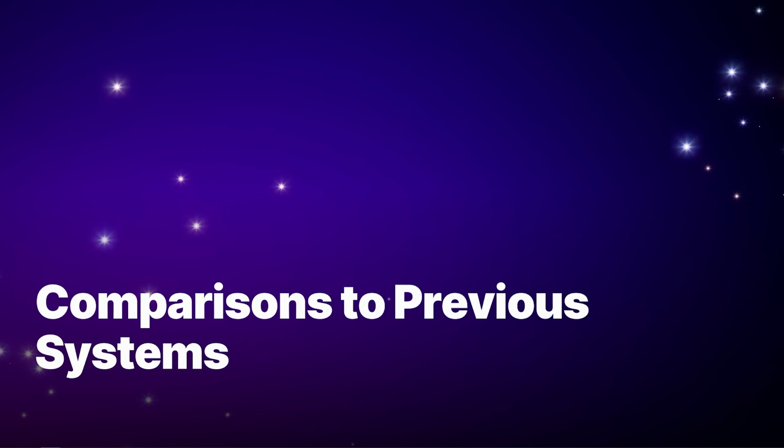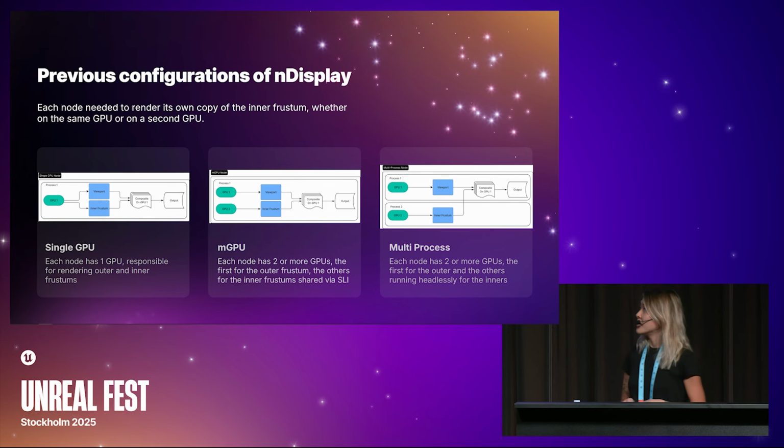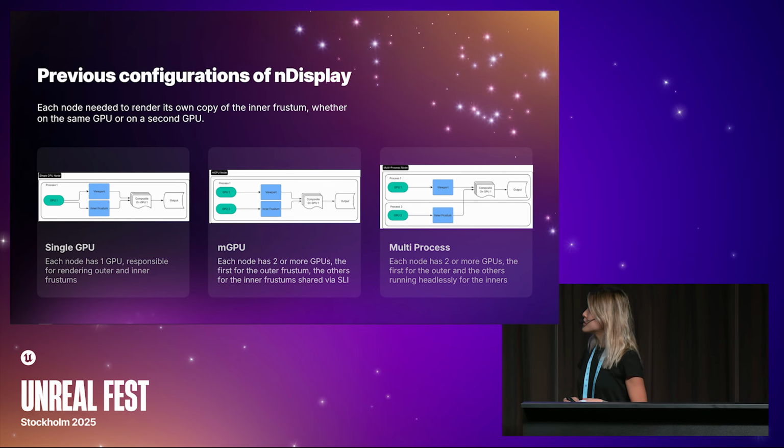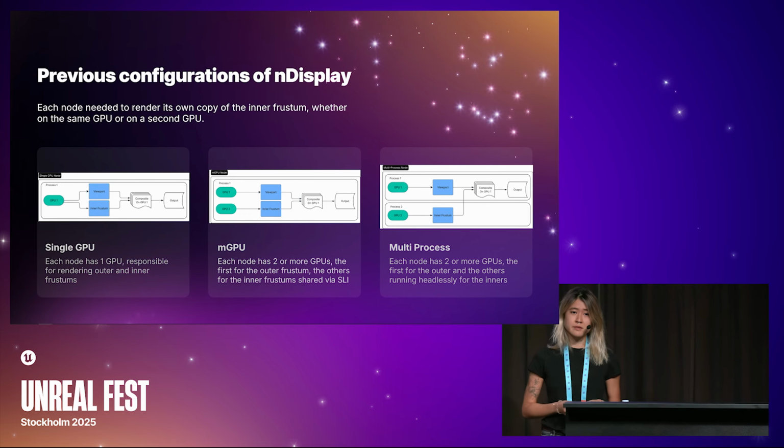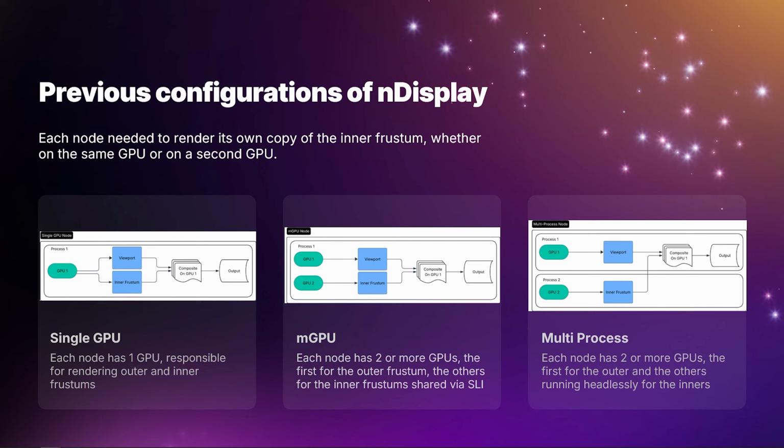So comparing it to previous systems, typical previous nDisplay systems would have done single GPUs, probably the simplest use case. That's where everything is rendered on one GPU and sent out via the output. Then there was multi-GPU, where you had 2 GPUs or more per machine, and they were connected via SLI.